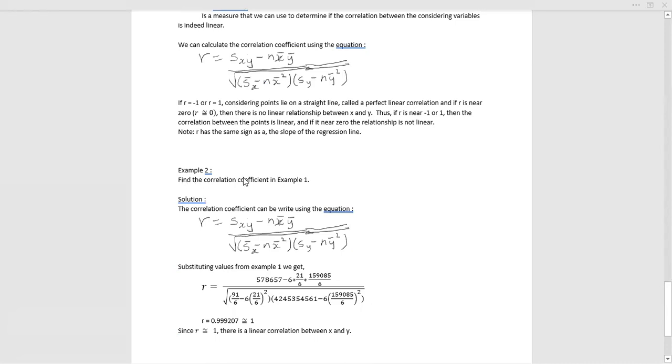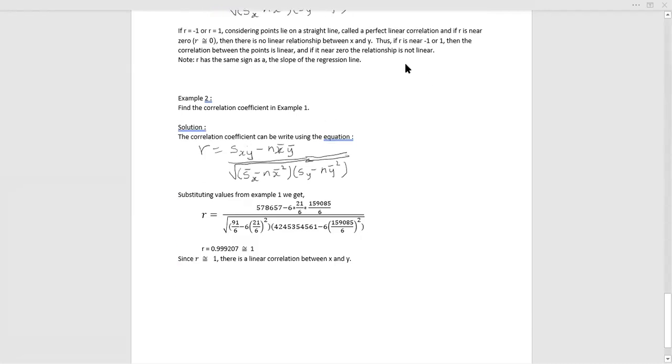Example 2 is: find the correlation coefficient for example 1. The procedure is simple, we have the formula. All you have to do is substitute these parameters that we calculated before.